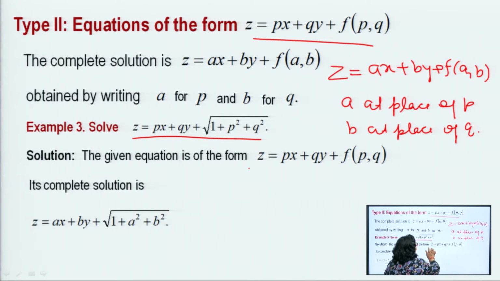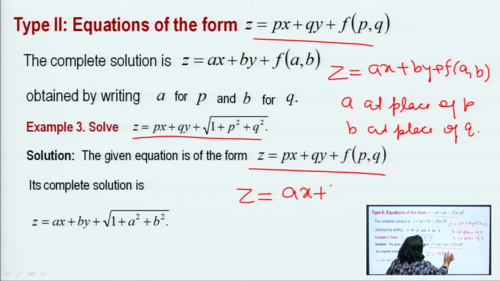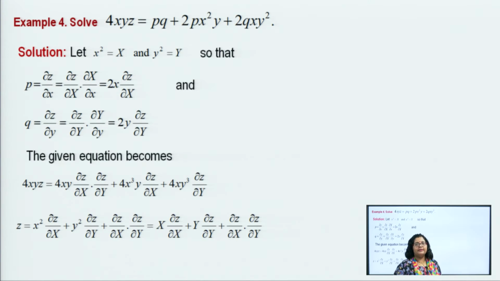So firstly write the complete solution: put a in place of p, b in place of q. That means ax plus by plus under root 1 plus a square plus b square, which is the required solution of the equation.